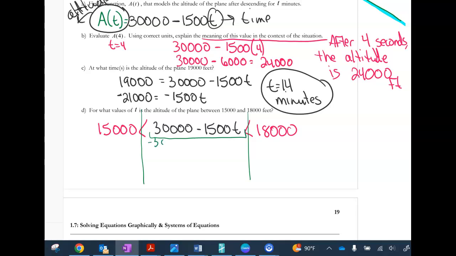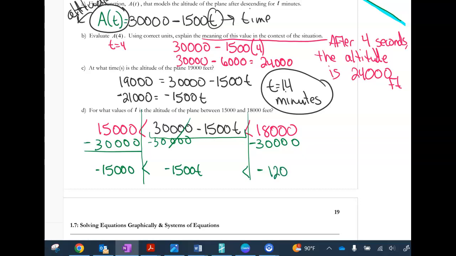So first I'm going to subtract 30,000, gone, but then I'm going to subtract 30,000 over here. That gives me negative 15,000, sorry. And then I'm going to subtract 30,000 over here. So that leaves me with negative 22,000. And now I'm going to divide by the negative 1,500. So that cancels out. There's t. I'm going to divide by the negative 1,500 here.